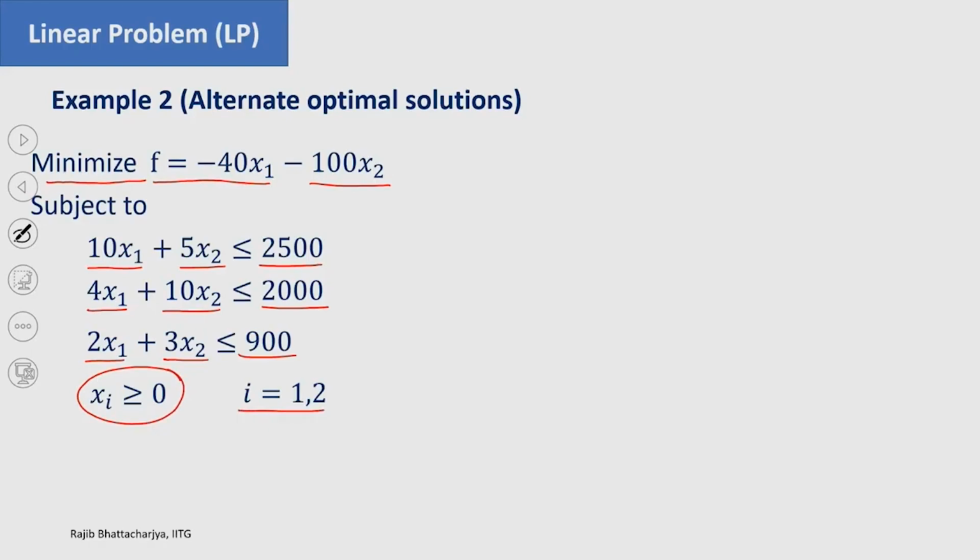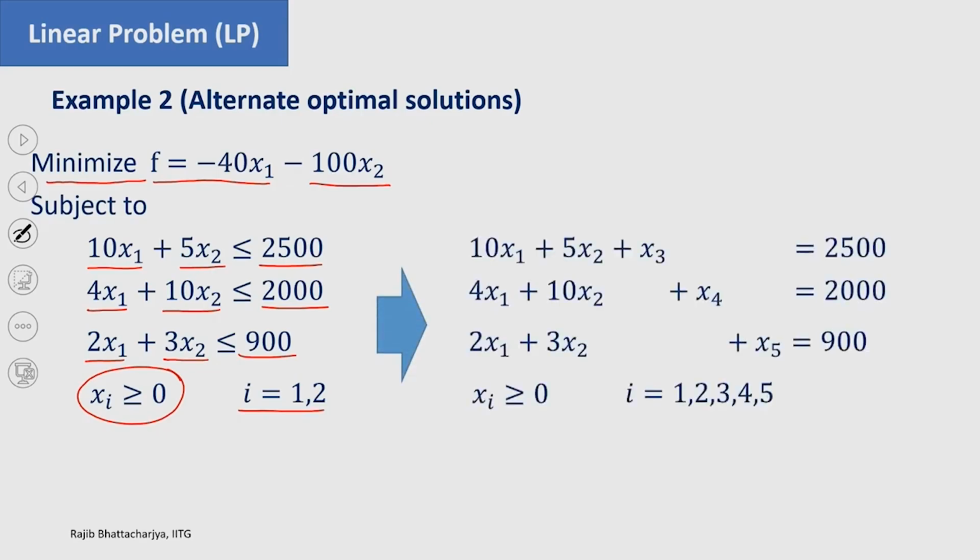So, here we have 2 variables and there are 3 equations. Now, let us convert it to standard form. What I will do is put one slack variable here in order to make it equal. So, now the first constraint is 10 x 1 plus 5 x 2 plus x 3 equal to 2500. Then in the second equation also, as it is of less than or equal to type, I have to put another slack variable, that is x 4, and now it is equal to 2000.